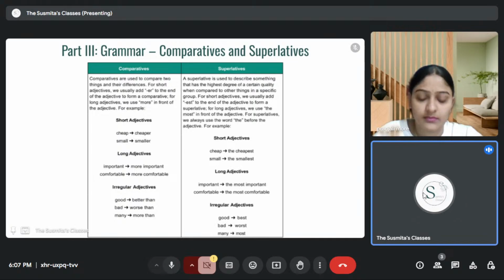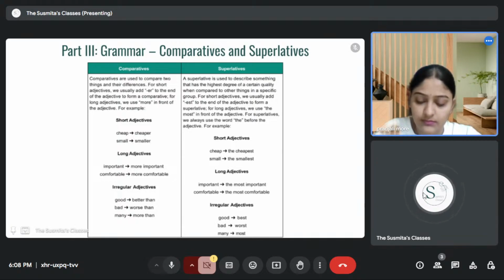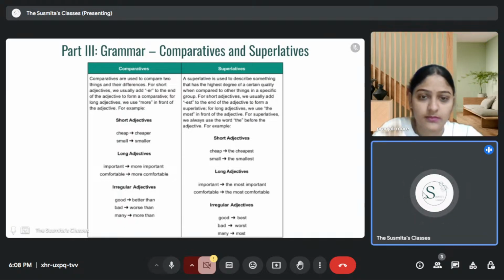Correct? Now, if I have more than two things, then I will use superlative degree. Now, in comparative degree, we have to remember that we have to use the comparative form of the adjective that we have. Along with that, we have to use the word than after the adjective. Okay. In superlative degree, we will use the superlative form of the word, that is cheapest over here: cheap, cheaper, cheapest. Correct.